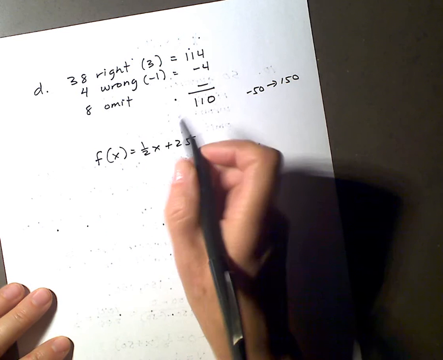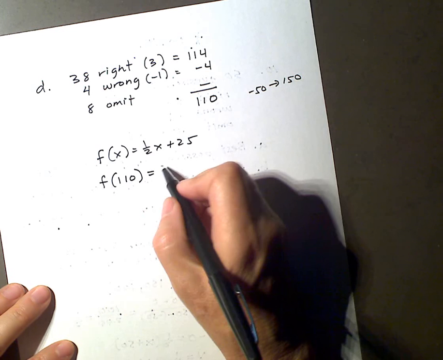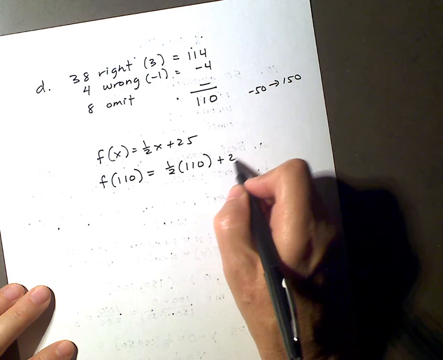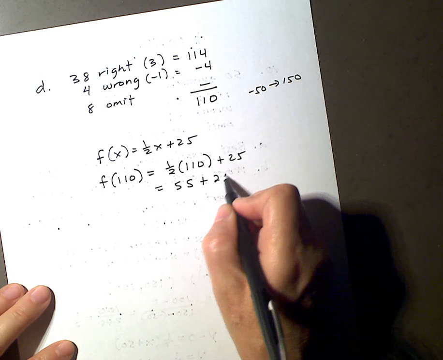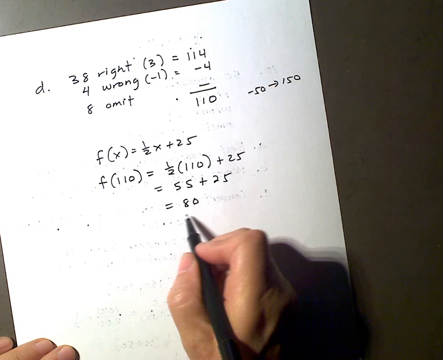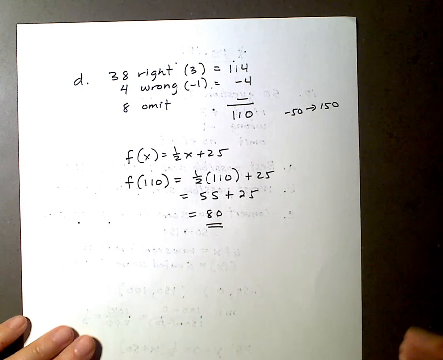So f of 110 is going to take half of that raw score and add 25. So this is 55 plus 25, or 80. So on our new scale, you would have an 80 out of 100. And that's it. That's a good rich problem, but challenge is always good.